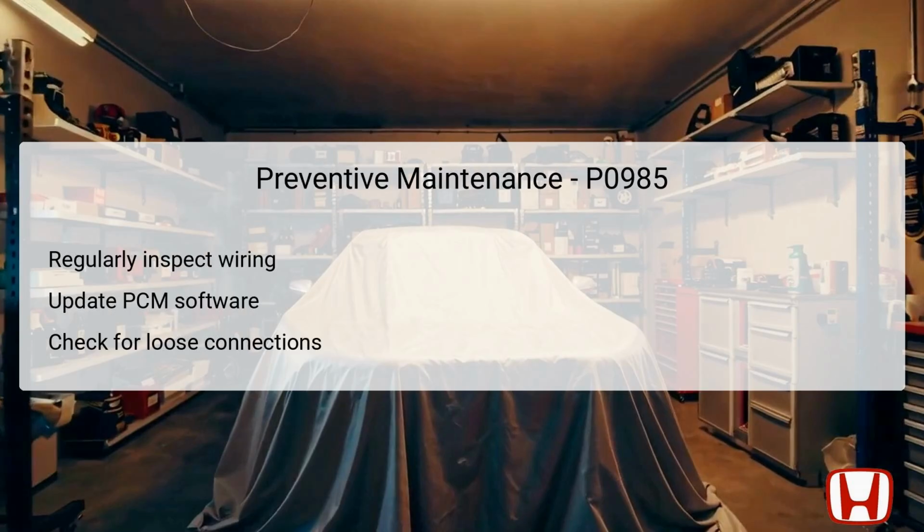Implementing preventive maintenance is crucial in avoiding the recurrence of DTC P0985 in Honda CRV models. A fundamental step is to regularly inspect the wiring associated with the Shift Solenoid Valve E, ensuring there are no frays, corrosion, or other damage due to environmental exposure or wear and tear.